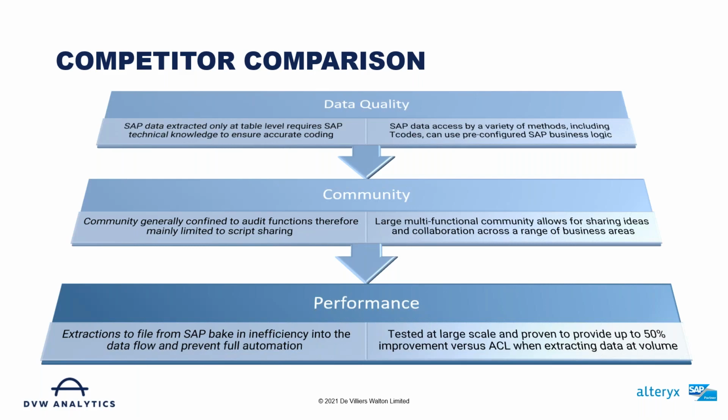We have tested at very large scale, both in demo systems and live on customer sites, where massive volumes, tens of millions of records, can be extracted. It can be done safely without any harm to the SAP system, but at a massively improved rate. You see at least 50% better.